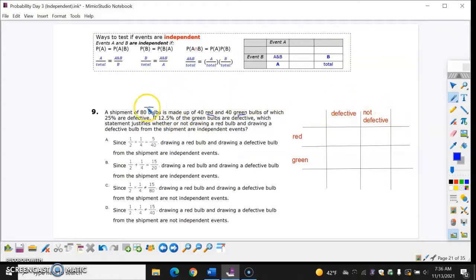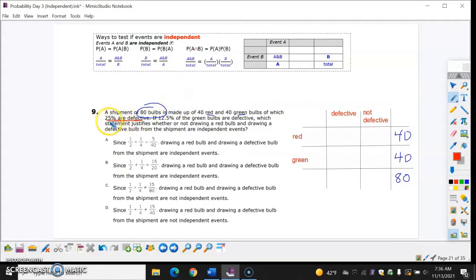It says a shipment of 80 bulbs, so where would 80 go? 80 would be my total number of bulbs. There are 40 red and 40 green. Okay, and it says of which 25% are defective. So we need to figure out how many that is.